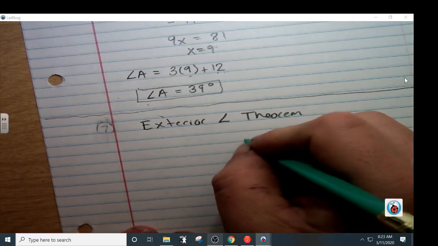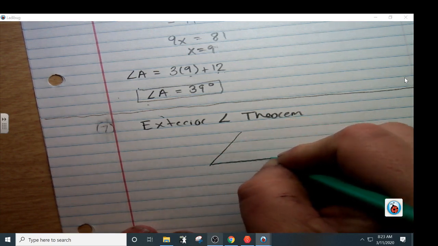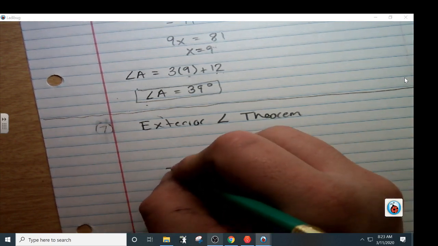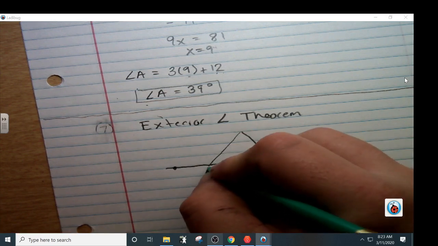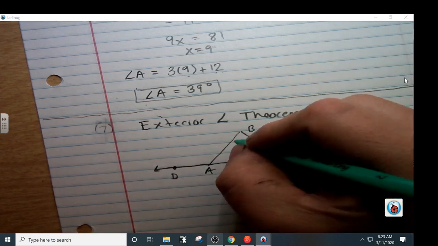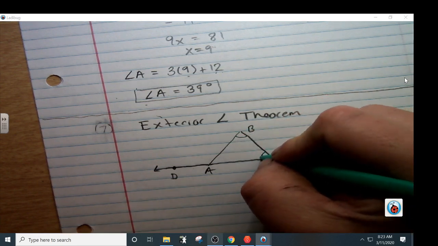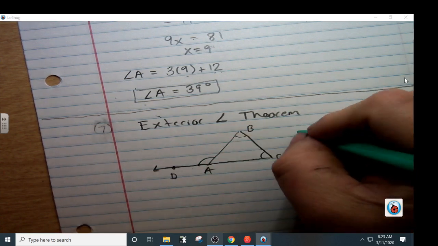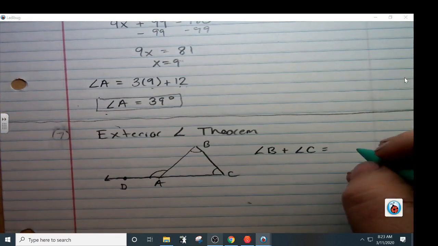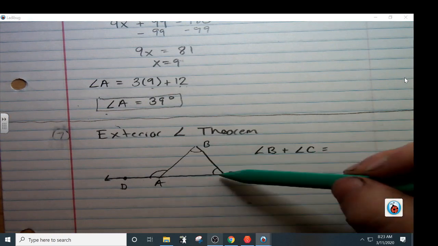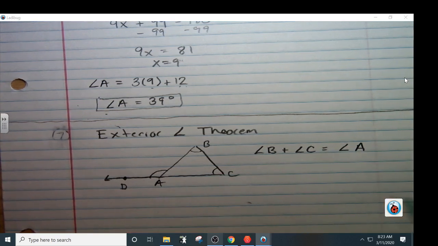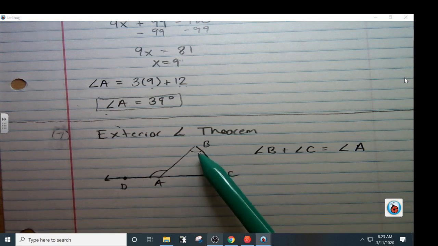And what the theorem says, if you have a triangle, is that angle B plus angle C, the sum of those when you add them together, is equal to angle A. If you read it in a math book, it says the sum of the two non-adjacent angles.